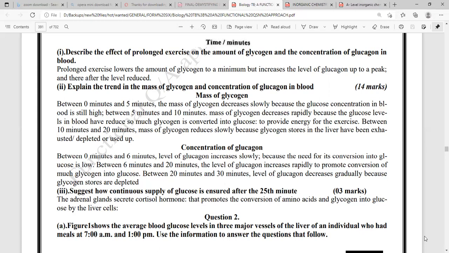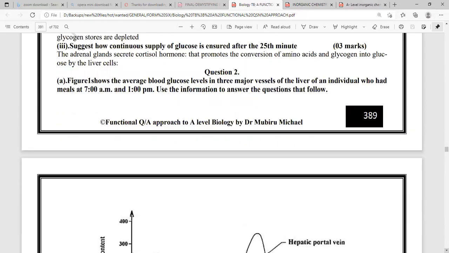Maybe some glycogen is still present, converted by cortical hormone, and then we have the amino acids also getting converted into glucose by the liver cells. That is the first question.